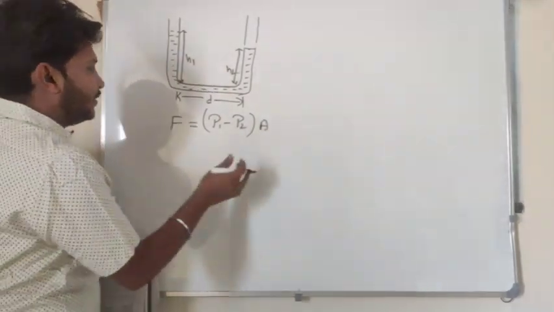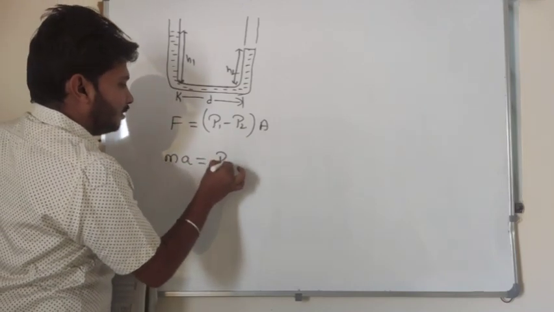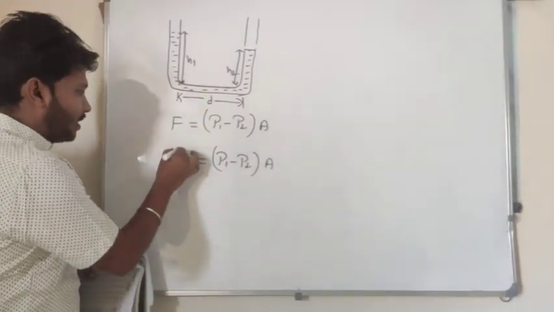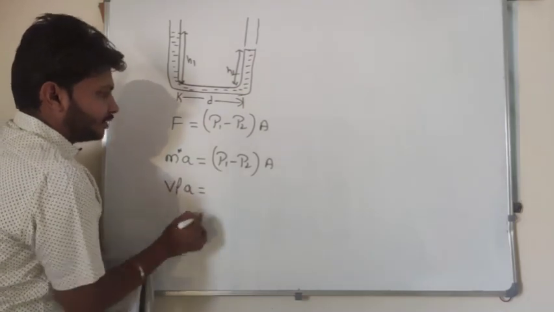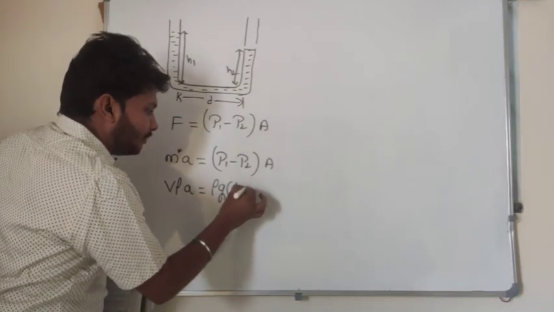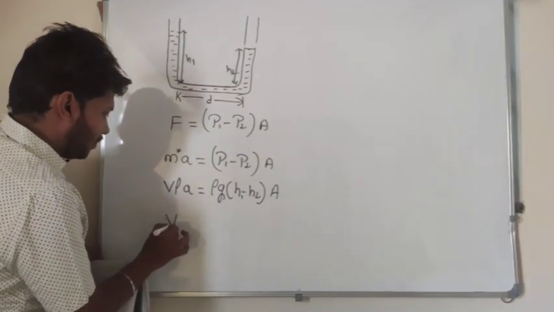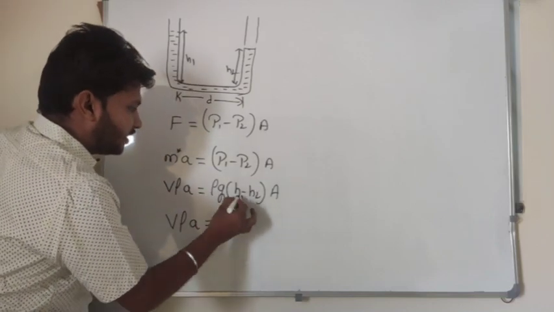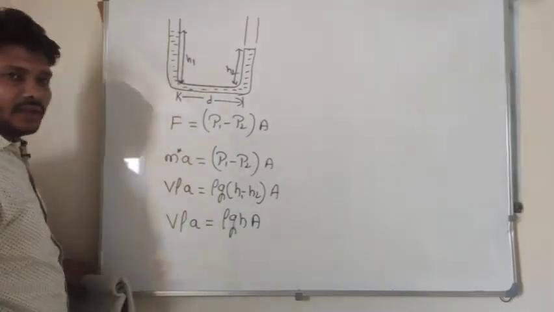F equals M into a, so P1 minus P2 into A. Mass means volume into density into acceleration. Pressure difference is rho g times H1 minus H2, which I take as H, into A.